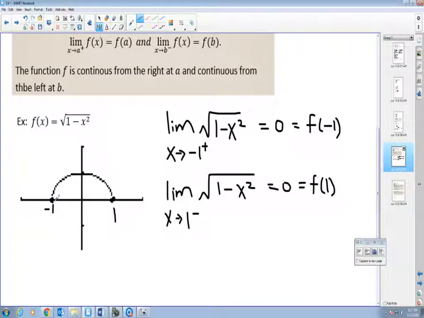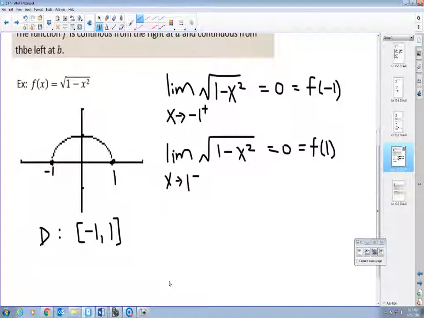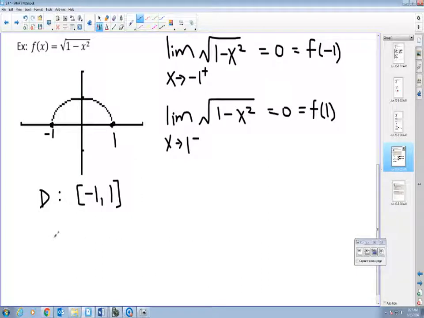Remember, the domain of this function is only from -1 to 1, a closed interval. What we want to see is whether the function f of x is continuous from -1 to 1 in an open interval.